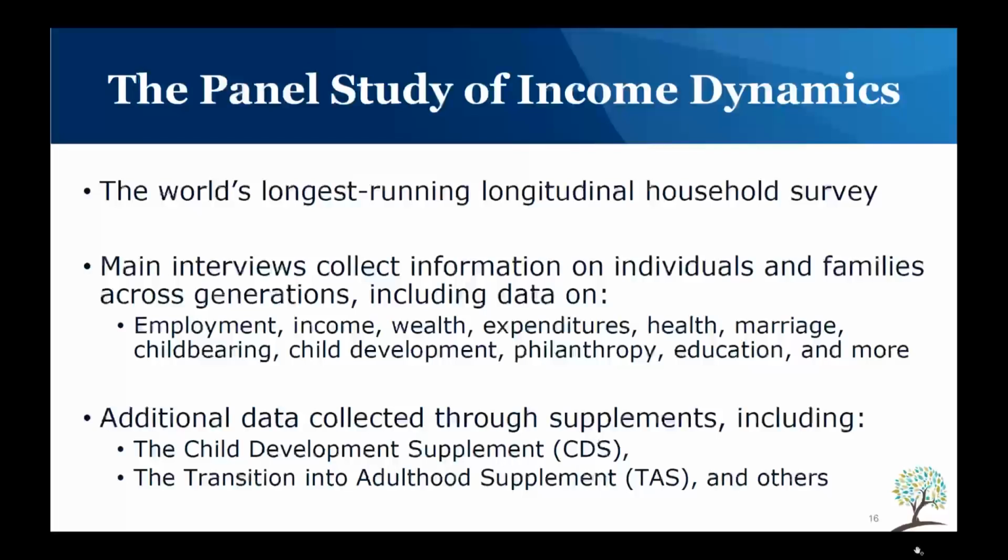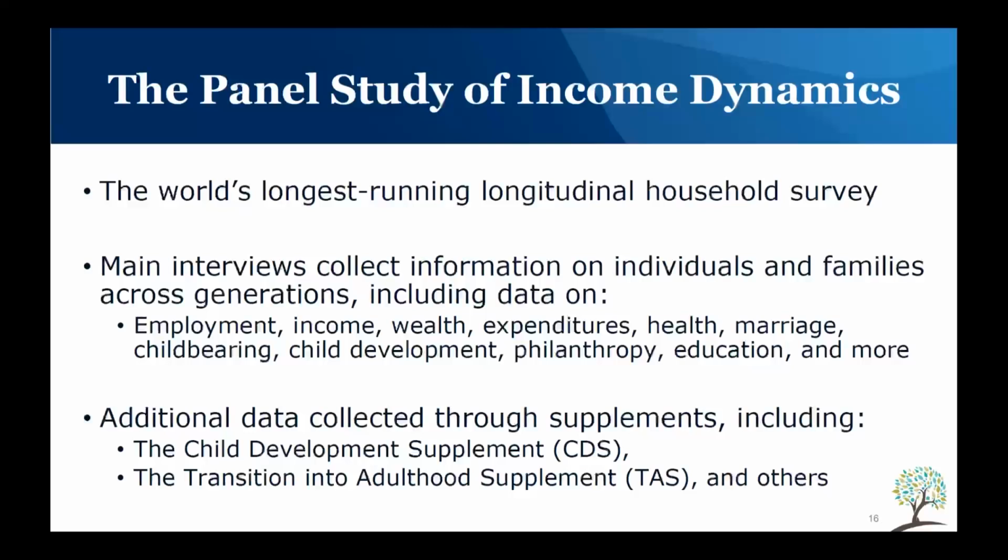And then, as we said, Esther will continue on to discuss exactly how you can link the two together. In addition to collecting information from these core families on employment and income, wealth, health, family formation, family composition, and other items like philanthropy and education, we have a lot of information on health and well-being, especially that has expanded over time, I'd say in the last 20 or so years, but since the study's inception in 1968.